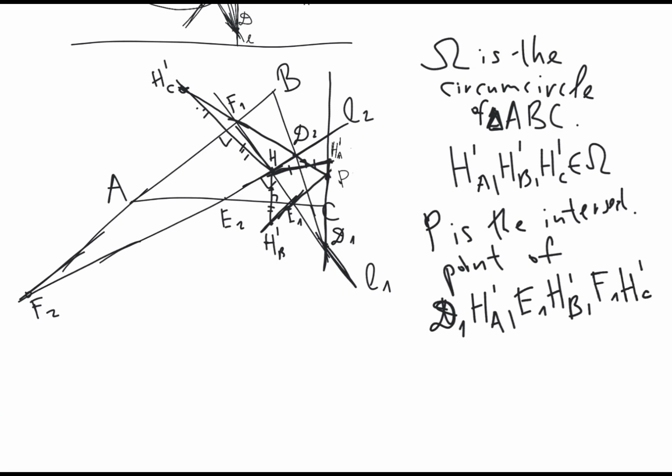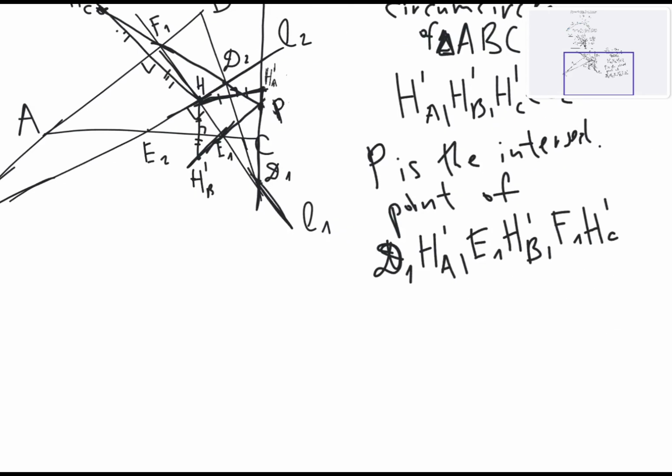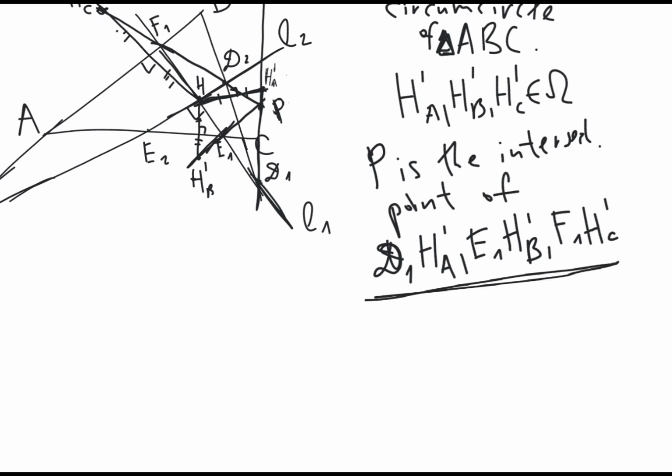Right, so by the theorem that I stated, these three lines intersect at a single point, which we denote by P, and this point also lies on the circumcircle.